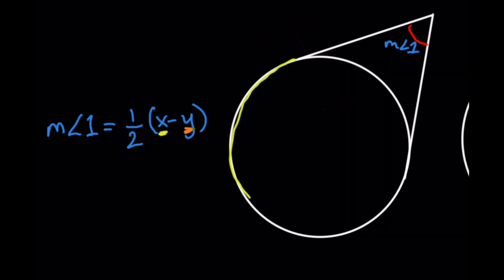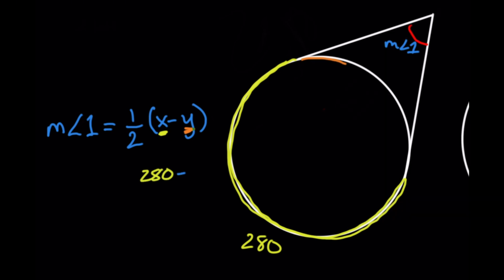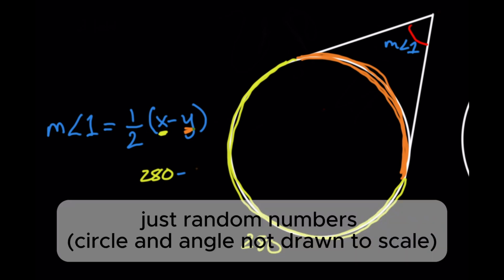So this part of the arc would be x. Let's say it's 280. So it would be 280 subtracted by the y section of the arc. It would fill up the whole circle since the arc is there. And 280 subtracted by 80, let's say.